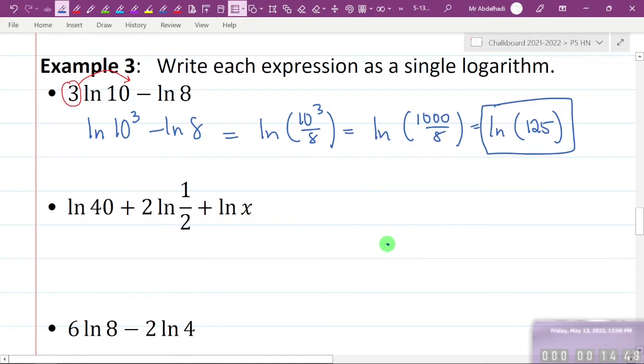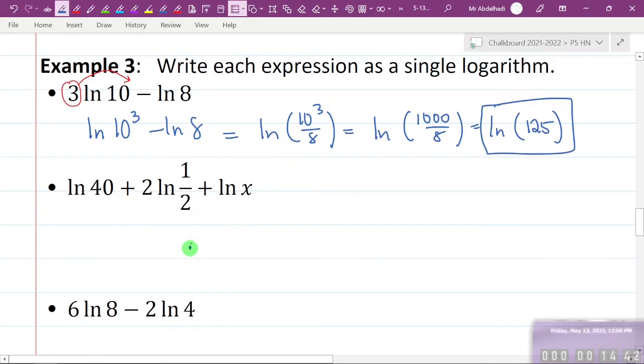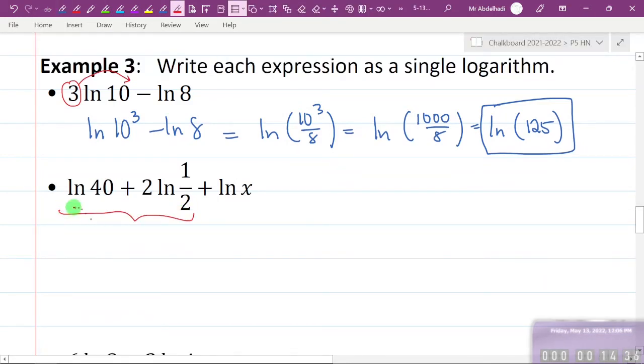That's one logarithm. For the next one, we have ln 40 plus 2 ln 1/2 plus ln x. So we'll just take the first two here, and that's a product. Oh, no, actually, we can't combine these because of this 2 here. So the first thing I want to do is take this 2 and put it up here. All right, so that means this becomes ln 40 plus ln (1/2) to the second power.